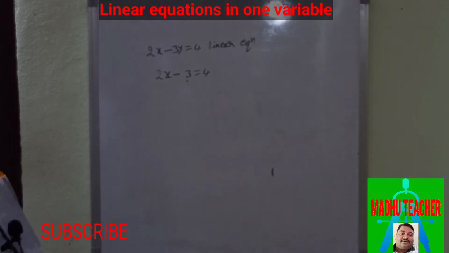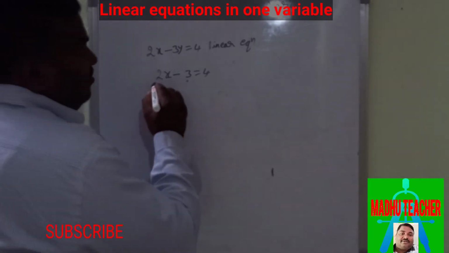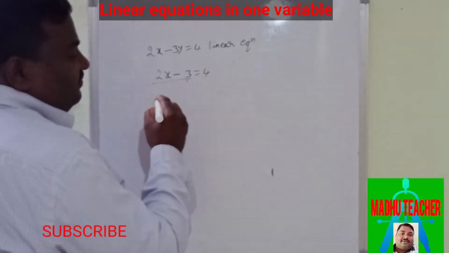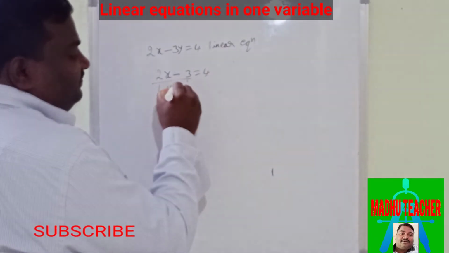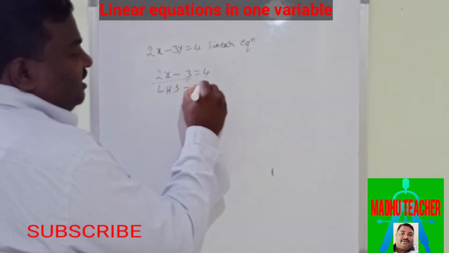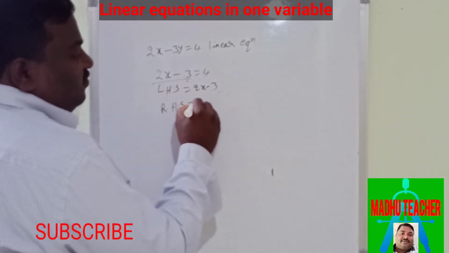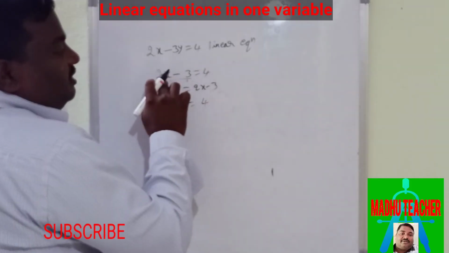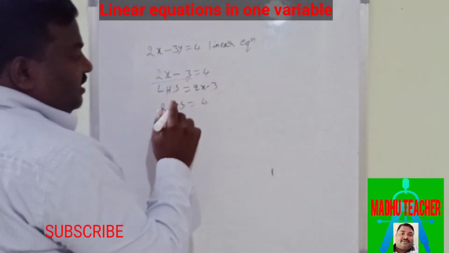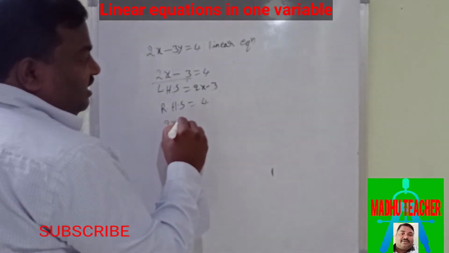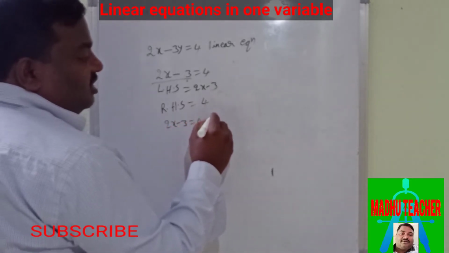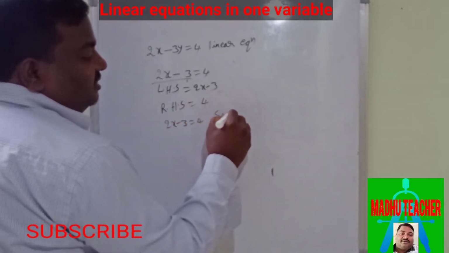In this, on the left side we have 2x minus 3y, so it is LHS. In RHS we have 4. It is a linear equation in one variable. This linear equation in one variable is also called a simple equation.